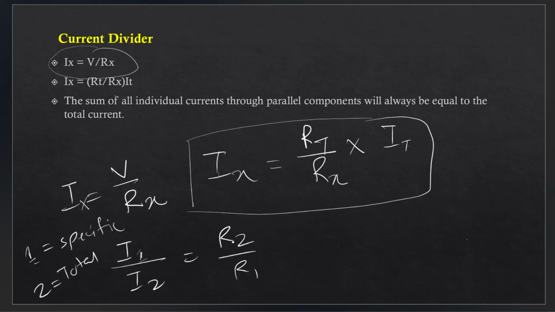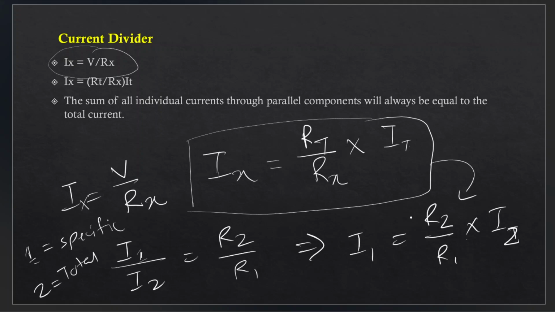So R2 is total resistance and R1 is the specific resistance of the resistor whose current we are trying to find. If we rearrange this, I1 is equal to R2 over R1 times IT. IT will be I2 in this case, so it's the same as this one. That's how we get the current divider formula.